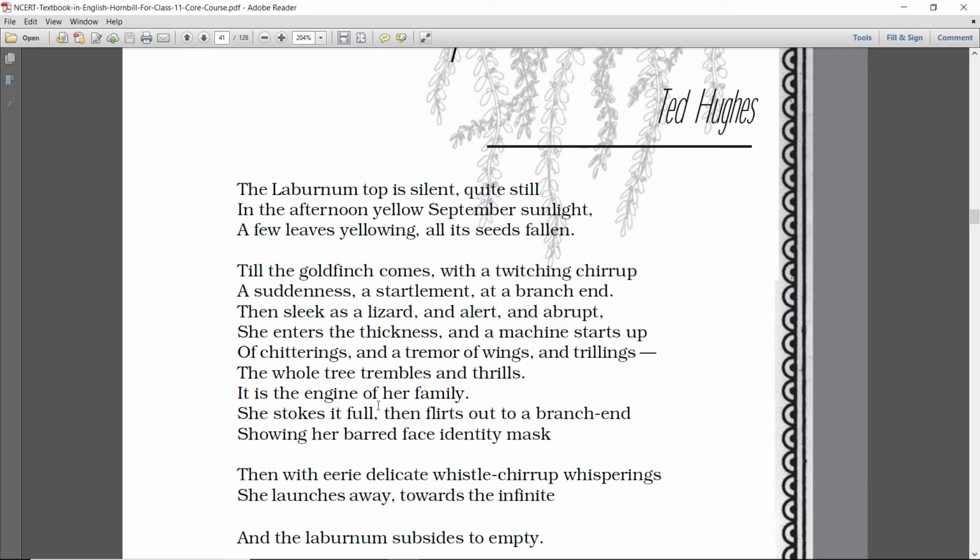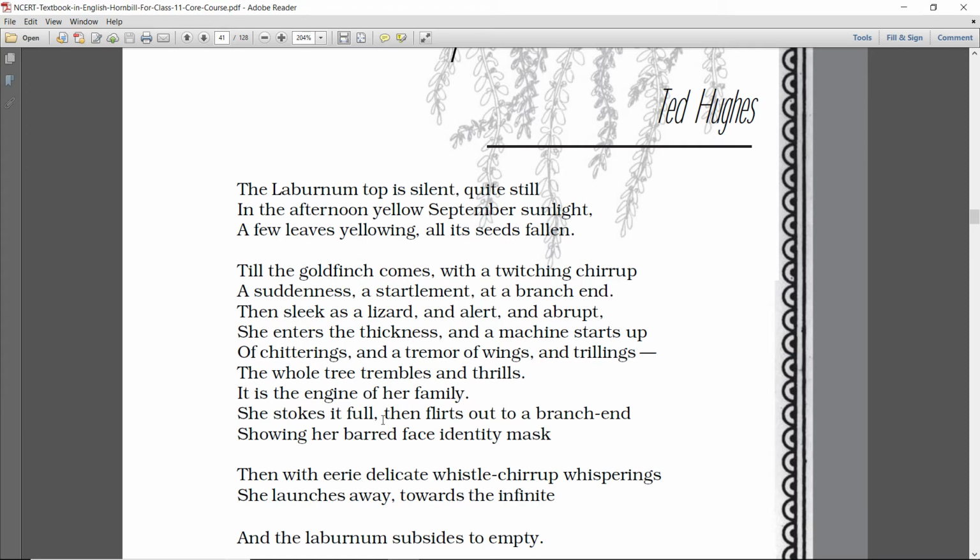In these two lines, we clearly understand the relationship between the tree and the goldfinch. They both are interdependent. It is a reciprocal relationship. Neither can the tree survive without the goldfinch, nor can the goldfinch survive without the tree, because the tree is essential to provide shelter and food to the family, and in the same way the goldfinch is important in the life of the tree, because it is the goldfinch who brings a lot of liveliness and happiness to the tree.